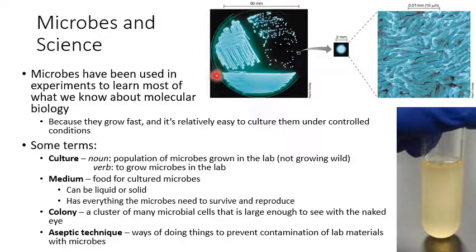That gel gives the microbes a surface to grow on, and it's also full of food for them, all the different nutrients they need to live. Here in this tube, you have a liquid medium, and it's full of bacteria. It's cloudy because you have a bunch of microbes, probably bacteria, growing in there. Again, it's a place for them to live, and it has all the food and nutrients they need to live.